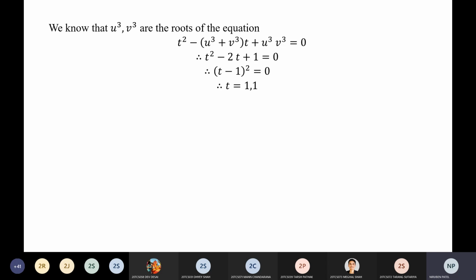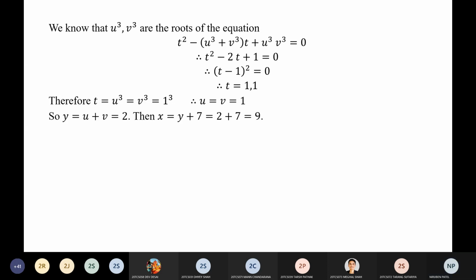Means what? u cube and v cube both are 1. So now next, what is y? 2. And substitute this y into x, right beta? So x will be 9.